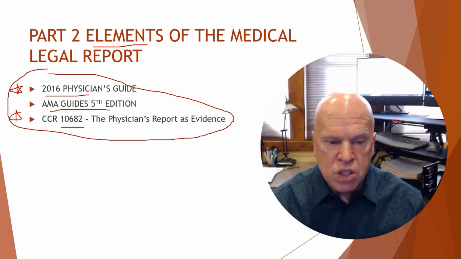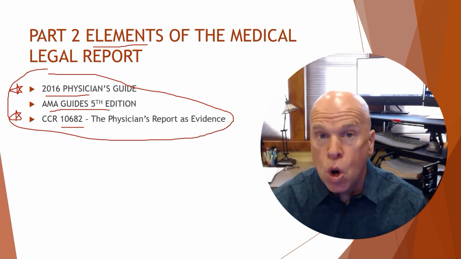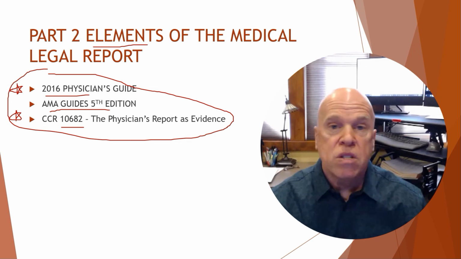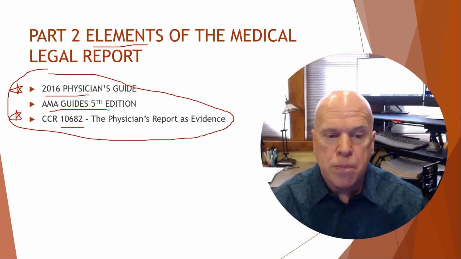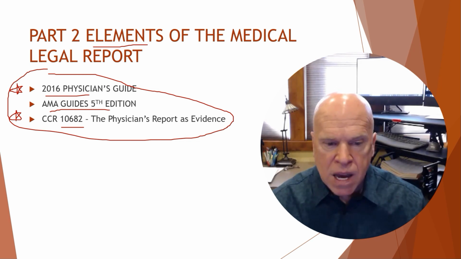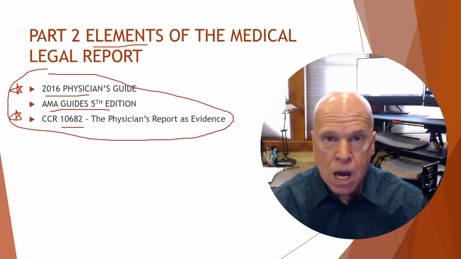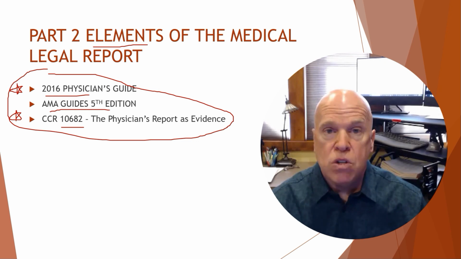CCR 10682 is a California Code of Regulation that talks about the medical legal report. So those are California-specific references, and both of those references deal with the workers' compensation system in the state of California.